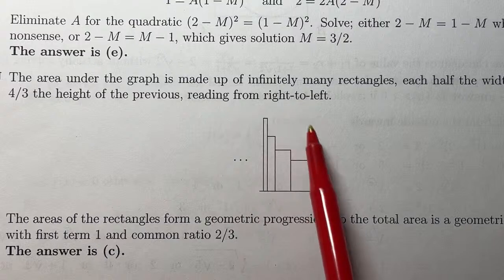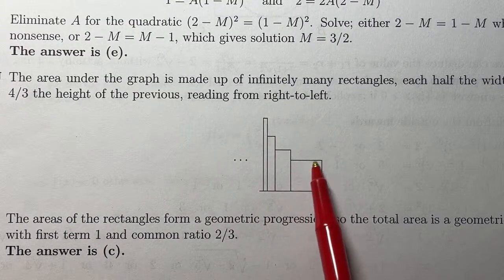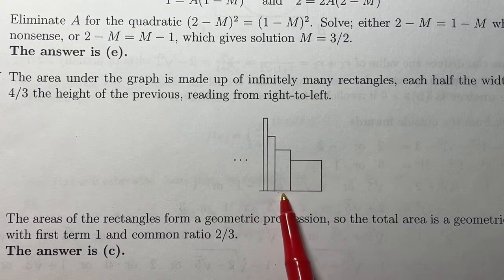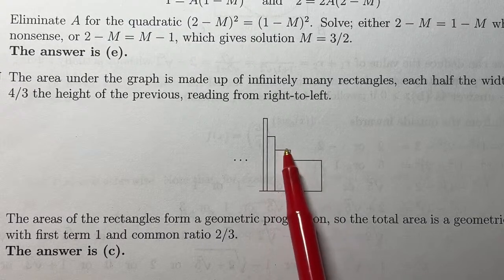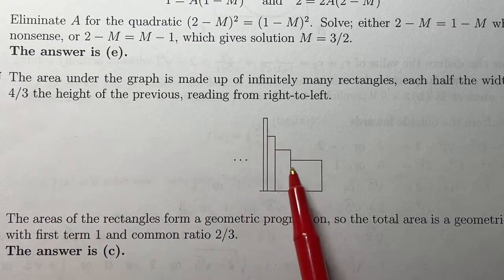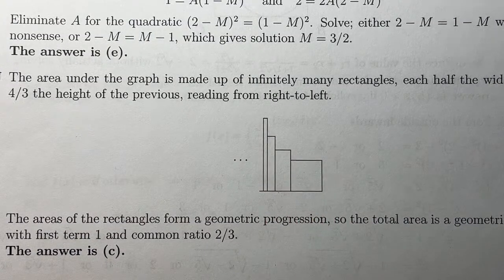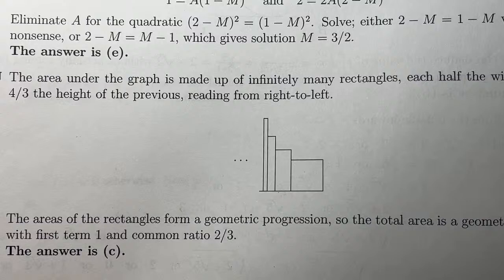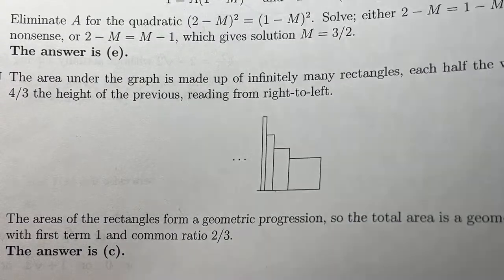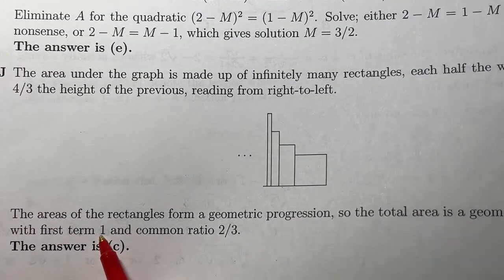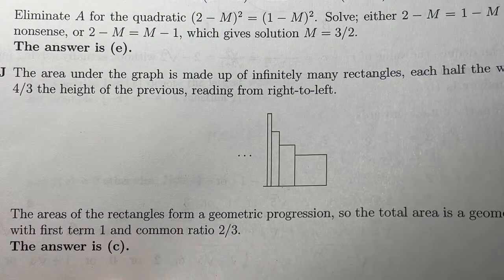So reading it from right to left, this one and then this right here is half, but it's taller, 4/3. And then just think about how do you find the area of these rectangles and then add them up. And you get a geometric series. And we have the first term being 1 and then the common ratio 2/3.